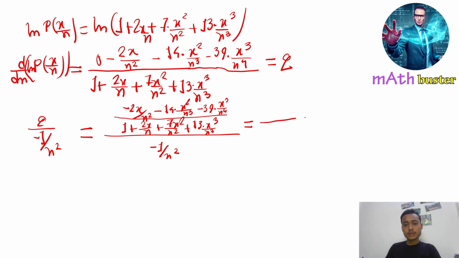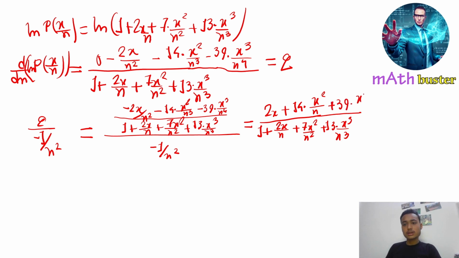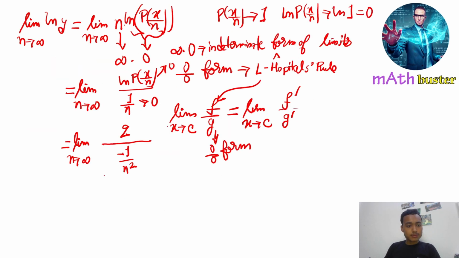And this will finally become 1 plus twice x by n plus 7x squared by n squared plus 13 into x cubed by n cubed in the denominator. In the numerator, we will get twice x plus 14 into x squared by n plus 39 into x cubed by n squared. So now applying n tends to infinity over this, what will we get?